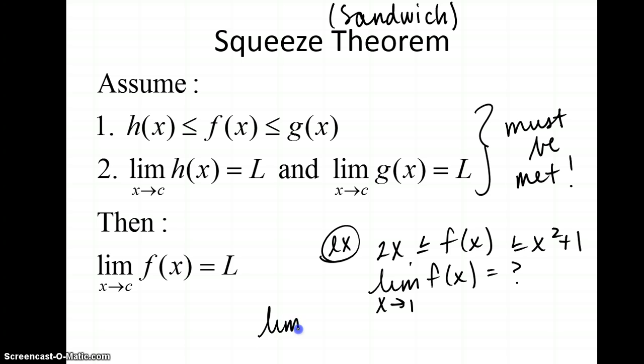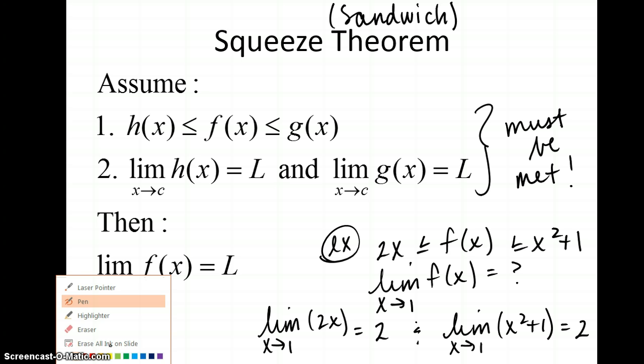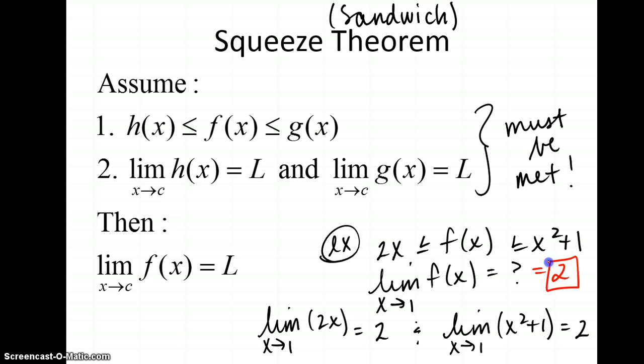So now let's determine the limit as x approaches 1 of the line. Direct substitution gives us 2. Let me find the limit as x approaches 1 of the quadratic. Direct substitution gives us a value of 2. Since both of those limits exist and they're the same value, the squeeze theorem tells us the limit as x approaches 1 of f of x would be equal to 2 as well.